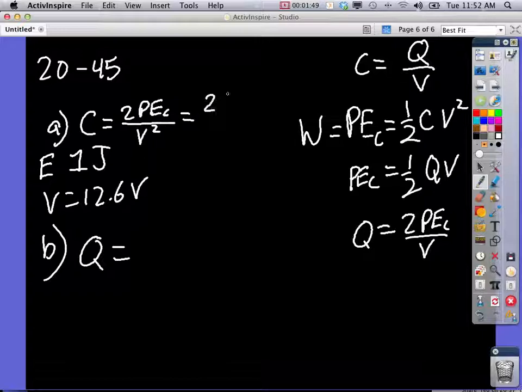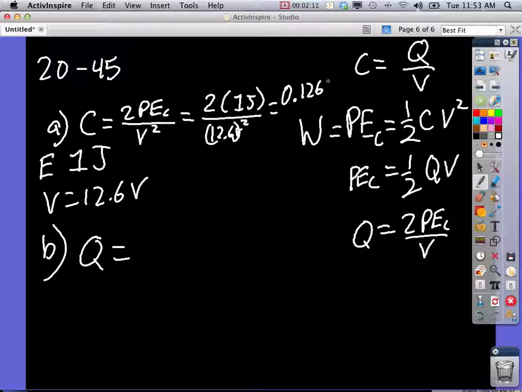So it's 2 times 1 joule over 12.6 squared, 12.6 volts squared. What do you get when you multiply that out? Something like 0.126?